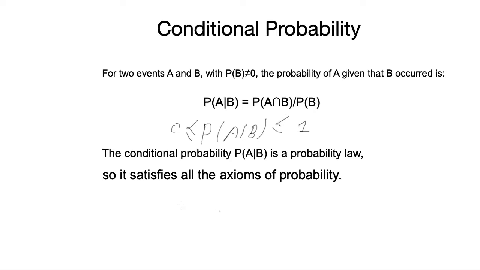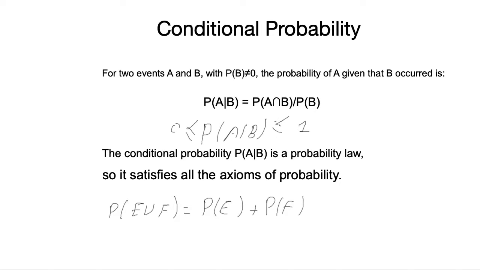The other axiom of probability is about the union, let's use another notation. For example, the probability of E union F equals the probability of E plus the probability of F, if these two events are disjoint.